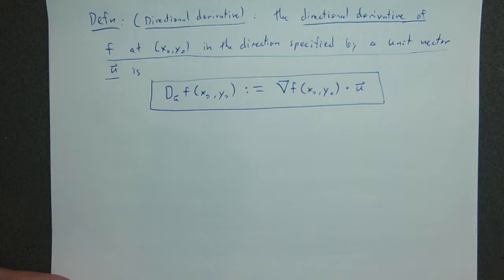So I compute the gradient of that function at that point in question, and I dot it with the unit vector in question, and this gives me the directional derivative of f at that point in the direction specified by that unit vector.